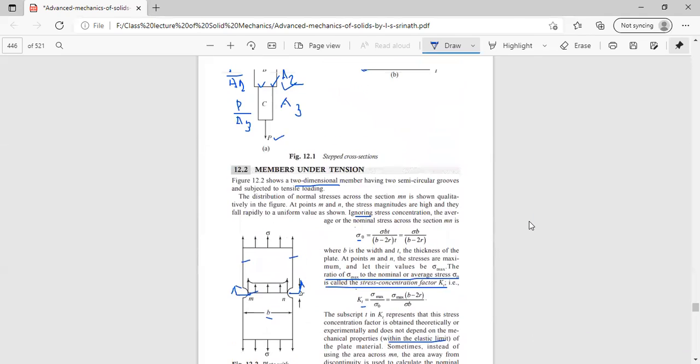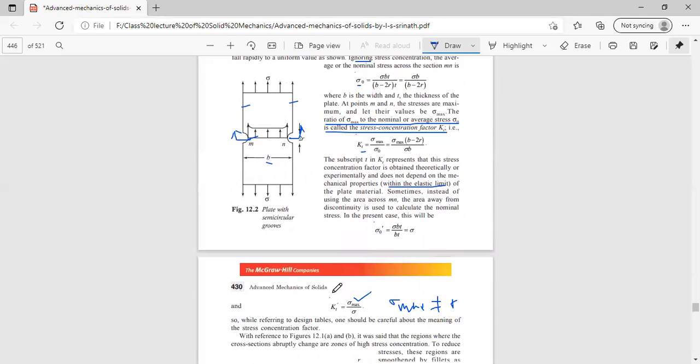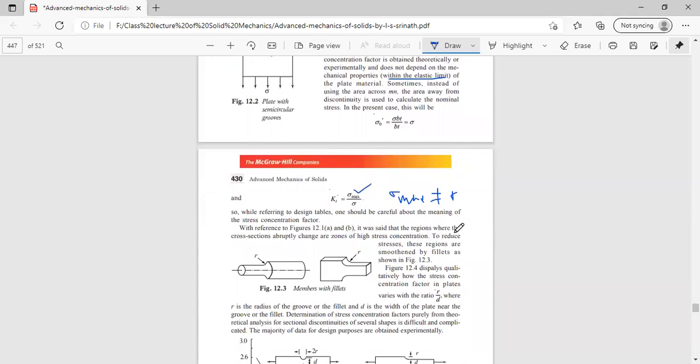Here we have marked the zones of abrupt change in cross section, which are the areas of stress concentration we already defined and discussed, and we are convinced about it. To reduce the stresses, these regions are smoothened by fillets.